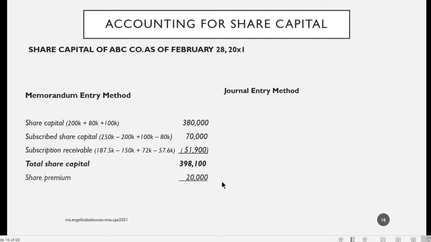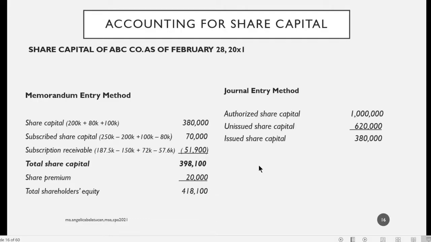But if you want to know how much is the shareholders equity based on the existing transaction, we are going to add the share premium, and the total shareholders equity as of that date would be 418,100. For the journal entry method, it will start with the authorized share capital, which was credited, diba, on the authorization date. And then you have the unissued share capital, so we will deduct that.